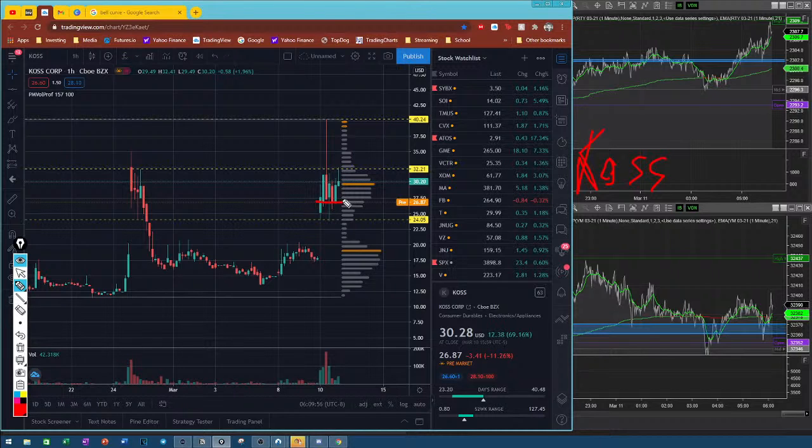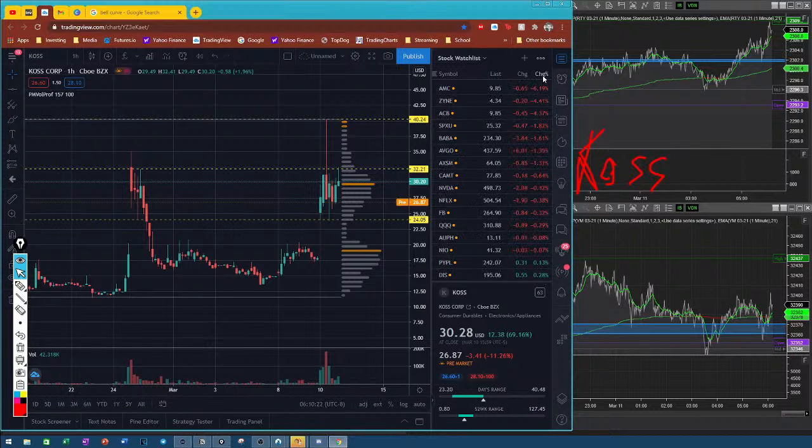You've got confluence. So I would like to see it hold this level, 2687. But like I said, this unfinished auction here at the bottom makes me just a little bit nervous. I don't like going long against weak lows and going short against weak highs. So, all right, that was cost.